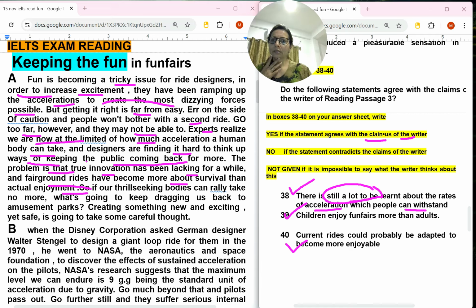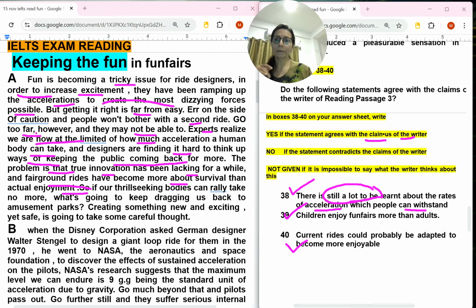Here they are saying designers are finding it hard to think of ways of keeping the public coming back for more. The problem is that true innovation has been lacking for a while. Instead, they are saying some contradiction. Here they are saying there is still a lot to be learned about the rates of acceleration.